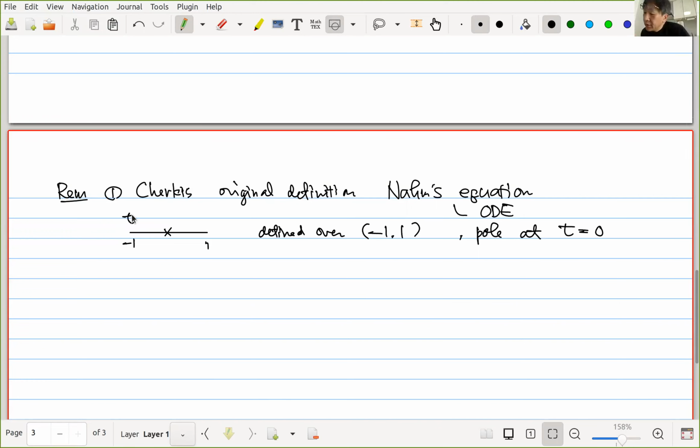And in particular, this is matrix valued, something like T0 plus T alpha, with alpha equal 1, 2, 3.